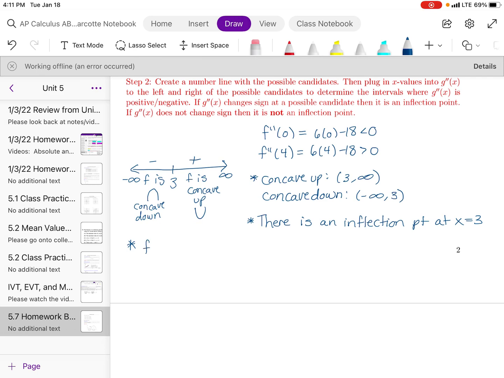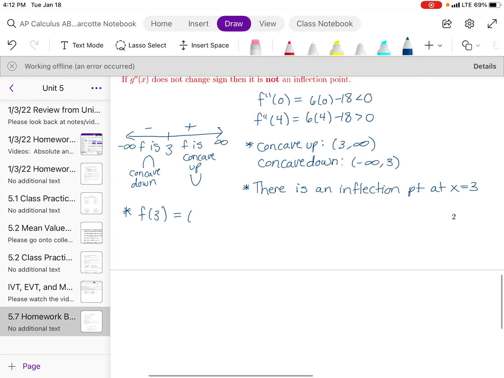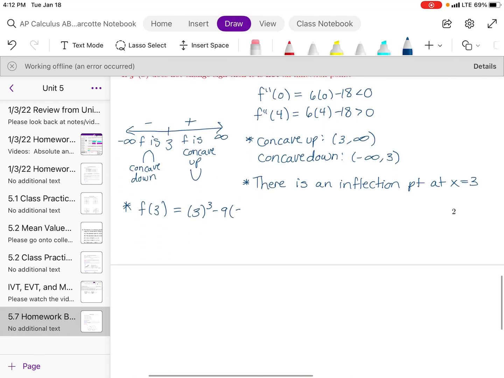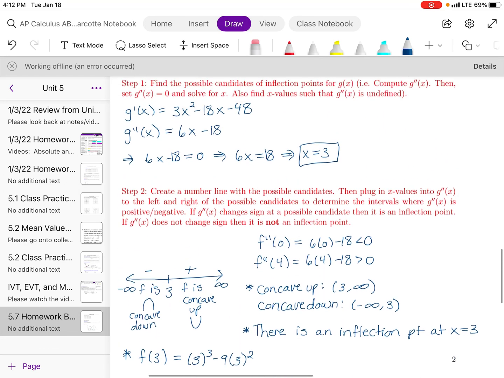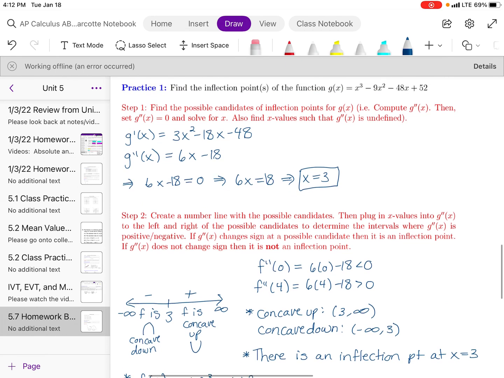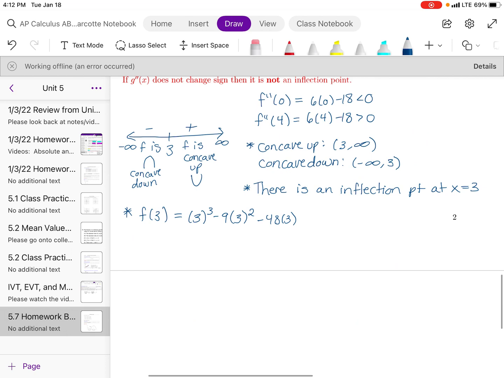So f of 3 is equal to, and now going back up here, we have that this is going to be 3 cubed minus 9 times 3 squared. And then we have minus 48 times 3, and then plus 52.